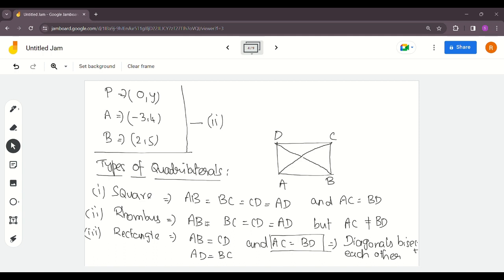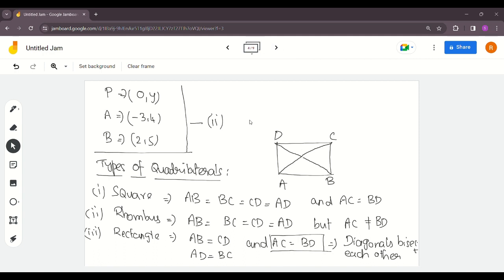And if all the four sides are equal, but the diagonals are not equal, then it is a rhombus. For a rectangle, the opposite sides should be equal, that is, AB is equal to CD, and also AD equal to BC, and also the diagonals should be equal, AC is equal to BD, and also the diagonals bisect each other. Diagonals bisect each other means midpoint of AC should be equal to midpoint of BD.